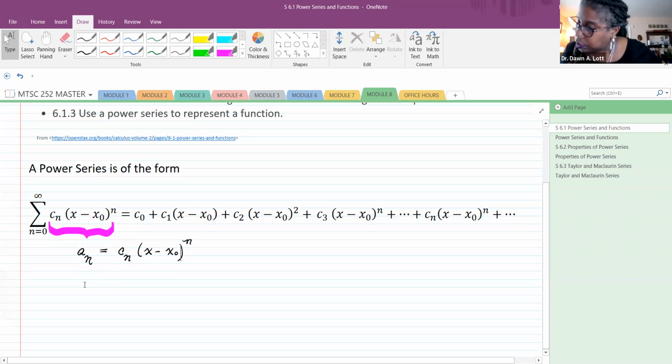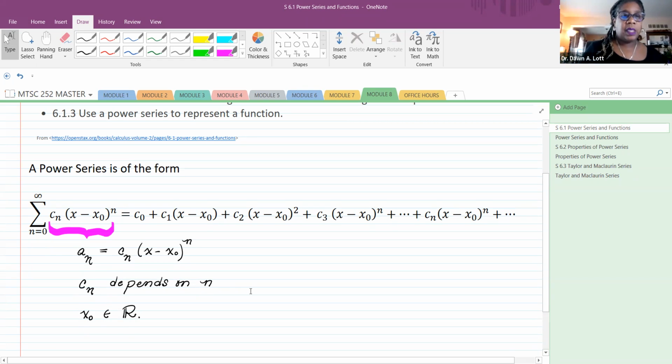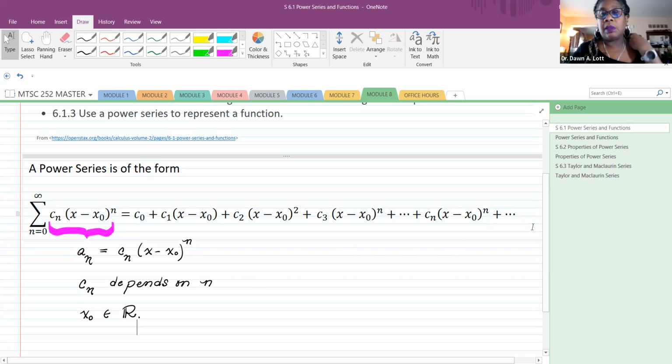Second thing you need to know, c_n depends on n. And x_0 is a real number. It can be anything. Okay, x_0 is a real number.